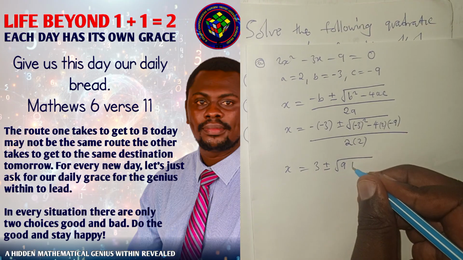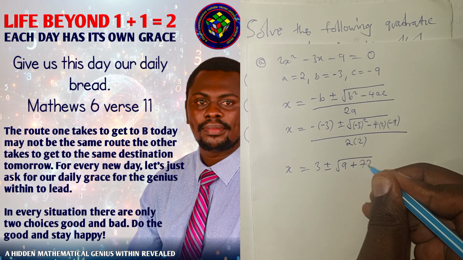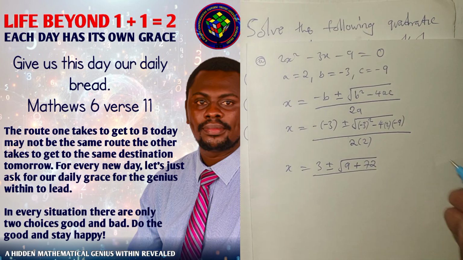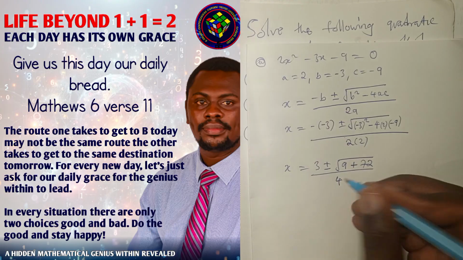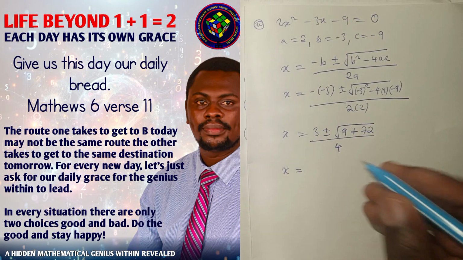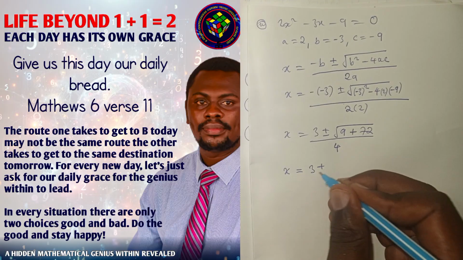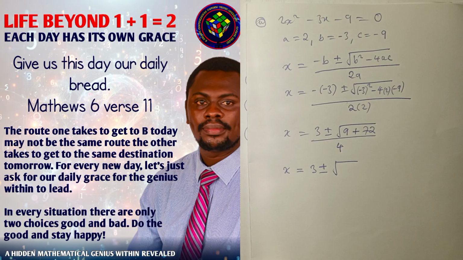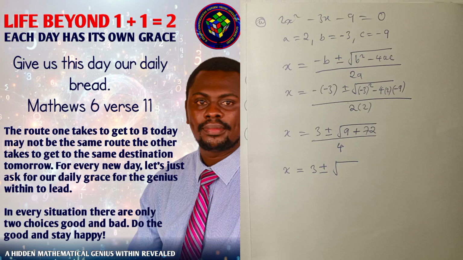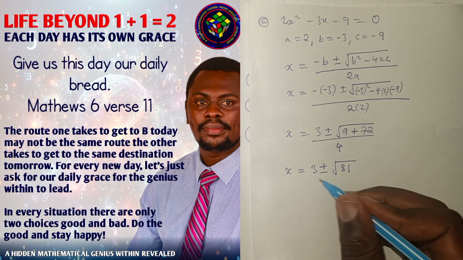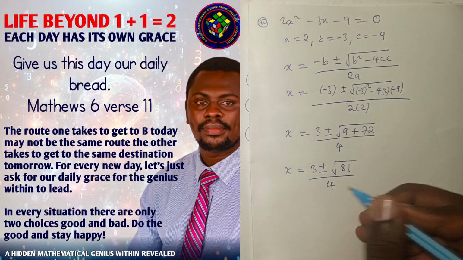So here it will be plus 72. Then all over 2 multiplied by 2 is 4. So you have x is equal to 3 plus or minus the square root of 9 plus 72, which is 81, over 4.